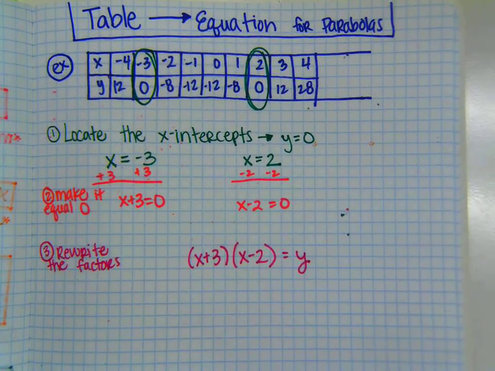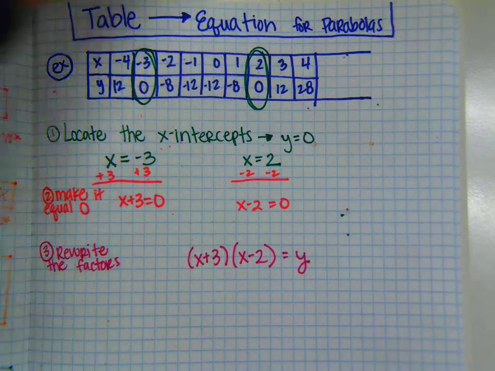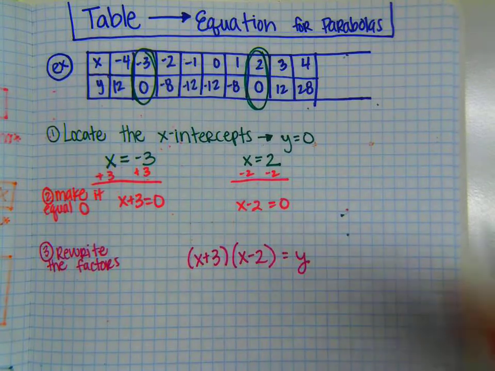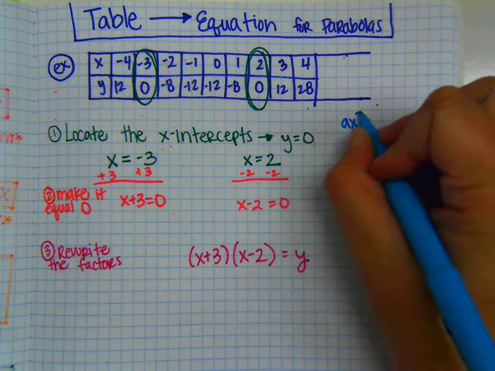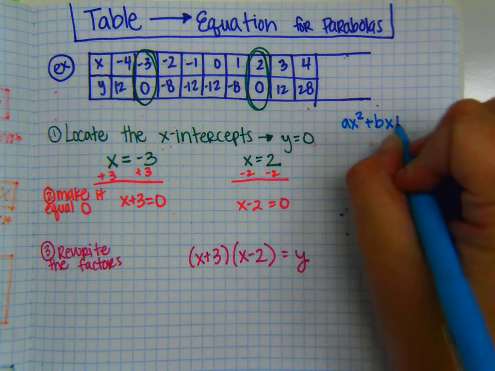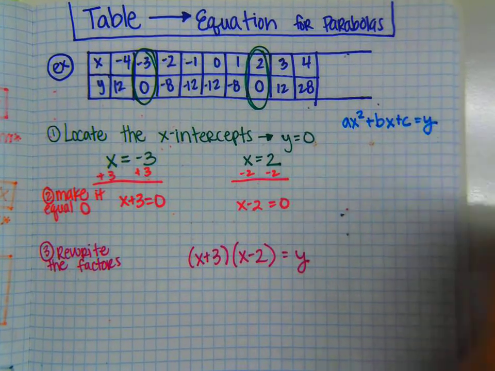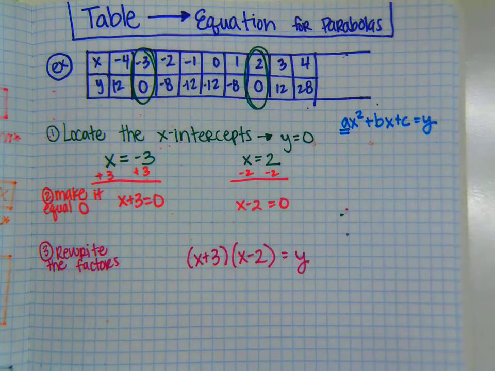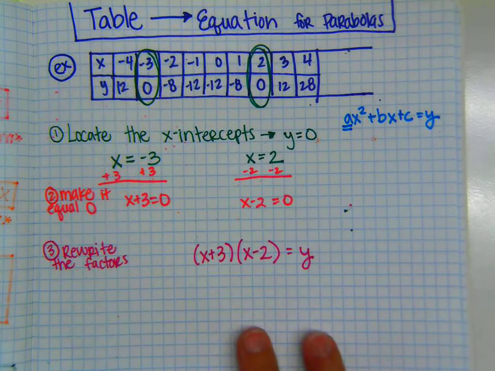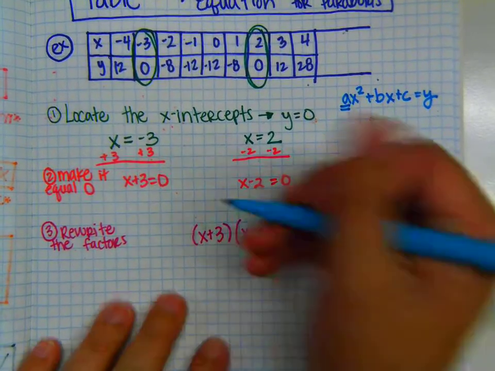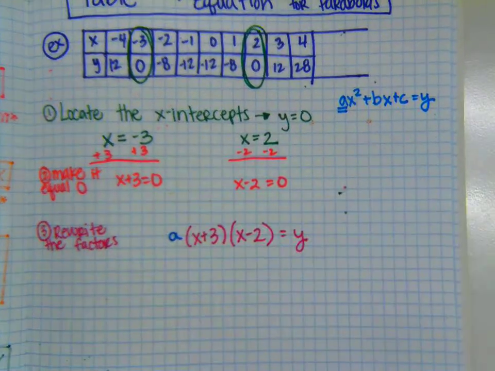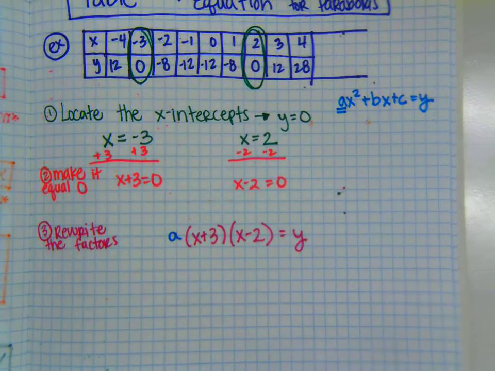Okay, now we're almost done, but in our equation for a parabola, our standard form is ax squared plus bx plus c equals y. We have this a. Okay, that a is really important. Well, in this equation, we don't have a yet, so we actually have to find what a is. So we have to put that a out there.